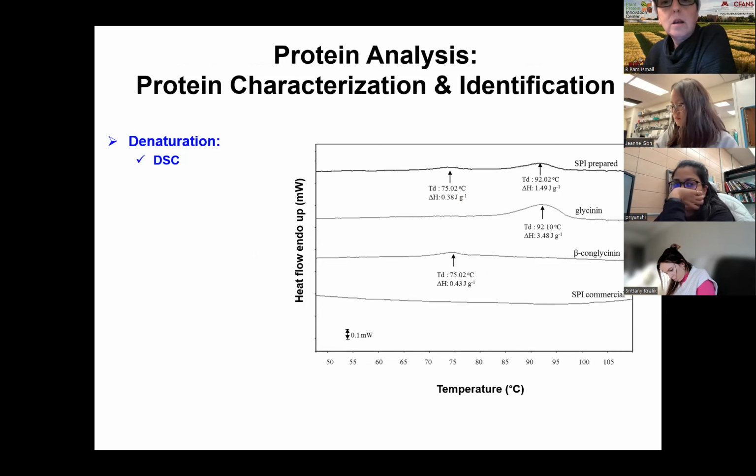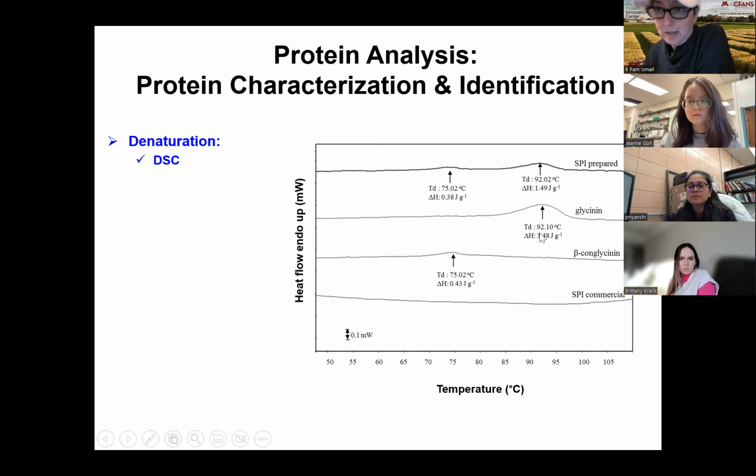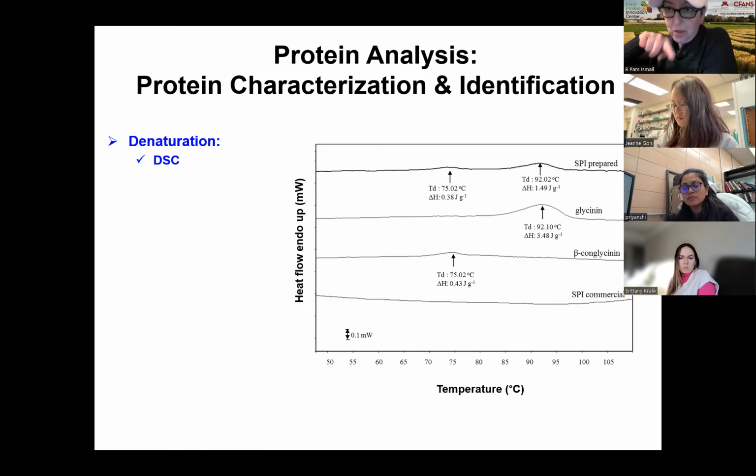So here it is. This is a DSC thermogram, we call it. You run a program where you increase temperature and you measure the flow of heat. When you see an endothermic peak, depending on the DSC type, it is either positive or negative. The DSC we have in the lab shows a negative peak.